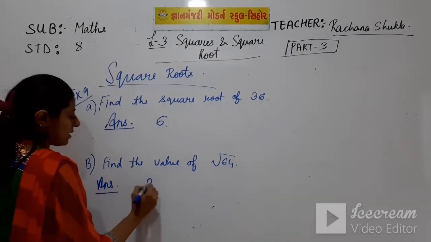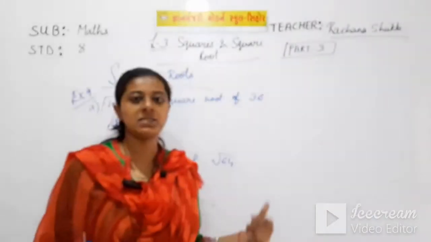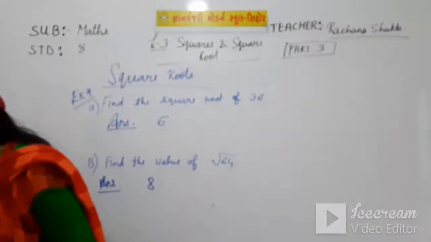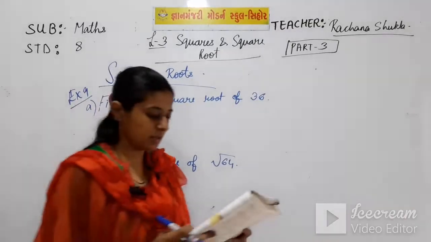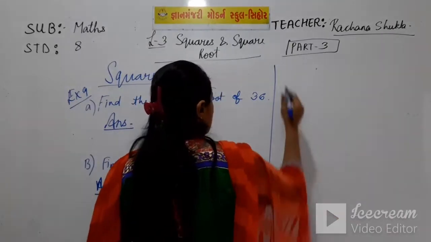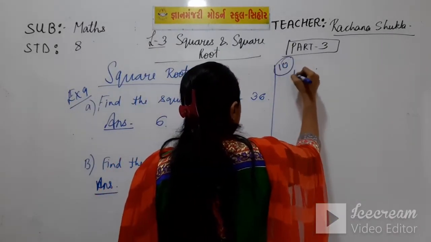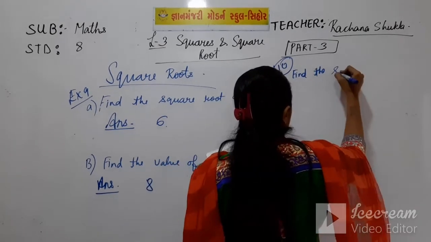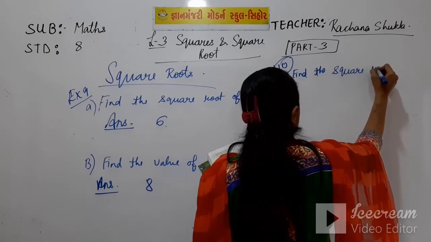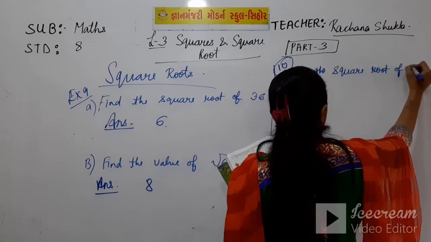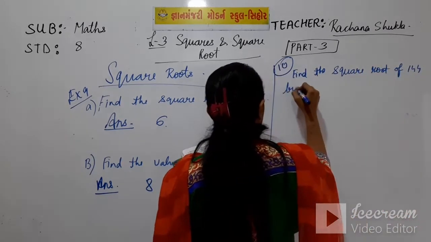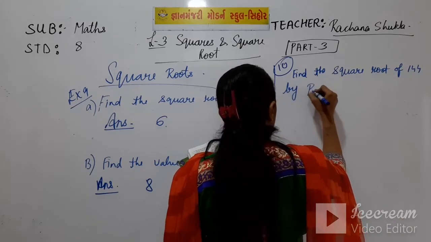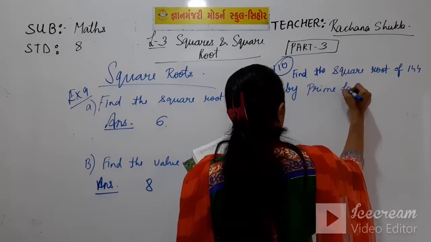Directly your answer is 8, because 8 8s are 64. Now the next one, example 10. Find the square root of 144 by prime factorization method.